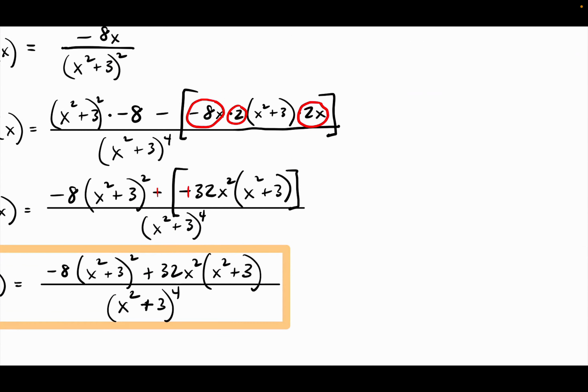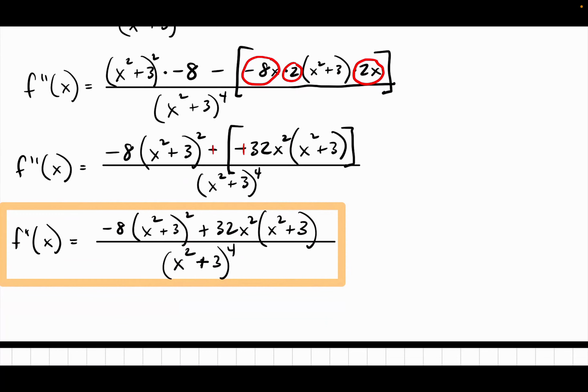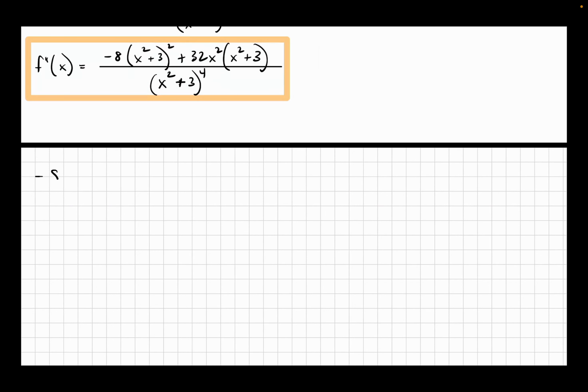After we found the second derivative, set it equal to 0, right? Well, it's got a top and a bottom. So set the top equal to 0, set the bottom equal to 0. So the top equal to 0.